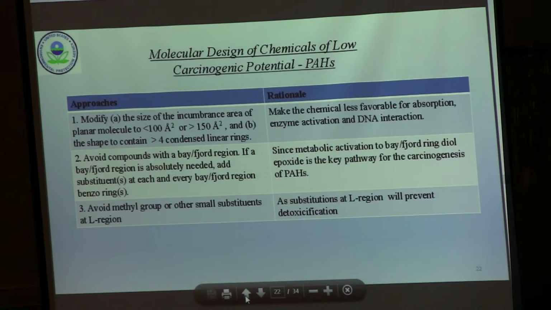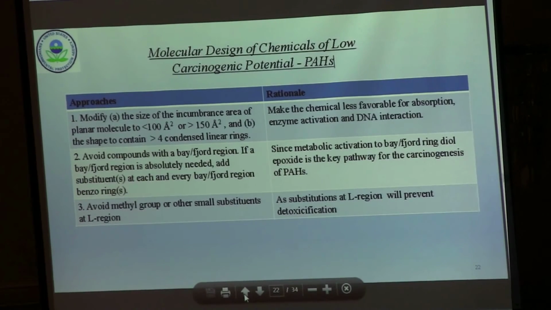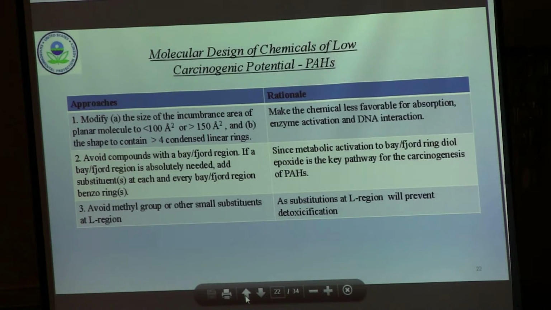And so with an understanding of these structural features that affect carcinogenicity, we can design PAHs with low carcinogenicity by modifying the size, making it smaller than 100 or larger than 150 in incumbent area, and avoid compounds with a bay region or a fjord region.